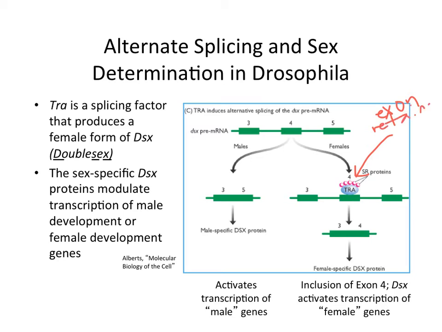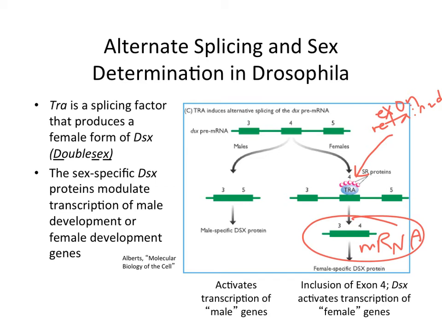TRA makes sure that that exon is retained, that that exon isn't accidentally removed by splicing. So when TRA binds to exon 4, the product, the mature messenger RNA, has exon 4 in it by virtue of TRA having bound to that exon.